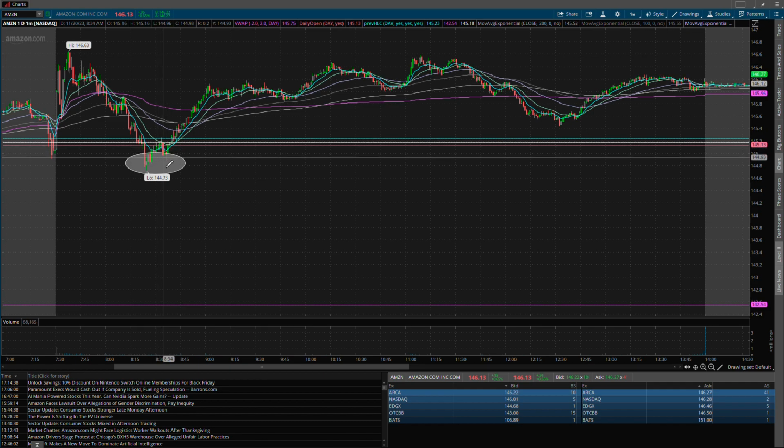But if I somehow got in and sold around here, that would be considered a scalp, with this area defining what type of trade I will be doing. And so the idea for me is to create a swing trade, okay?